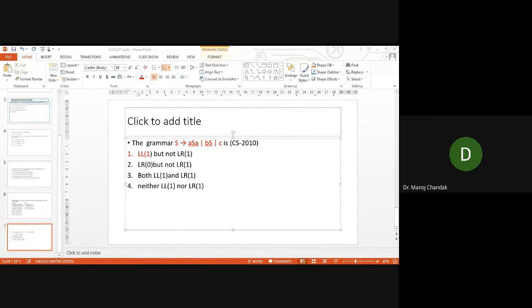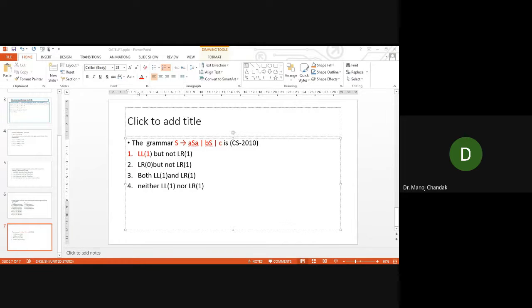So the explanation is to find the first of every production. First of ASA is a, first of BS is b, and first of c is c. And if you take the intersection of all these three, it is null. Hence the grammar is LL1. So if the grammar is LL1, then you ensure that the grammar will be also LR1.